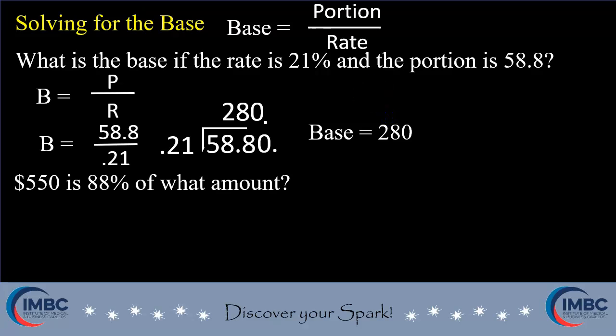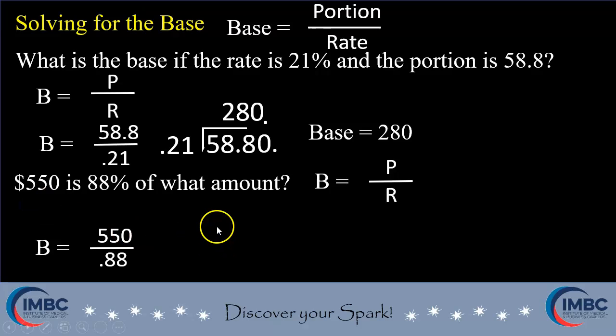Next one. $550 is 88% of what amount? Of what amount, of a number? We know we're solving for base. Portion divided by rate. Our rate is easy to find. We know 550 is our portion. So B equals 550 divided by 0.88.